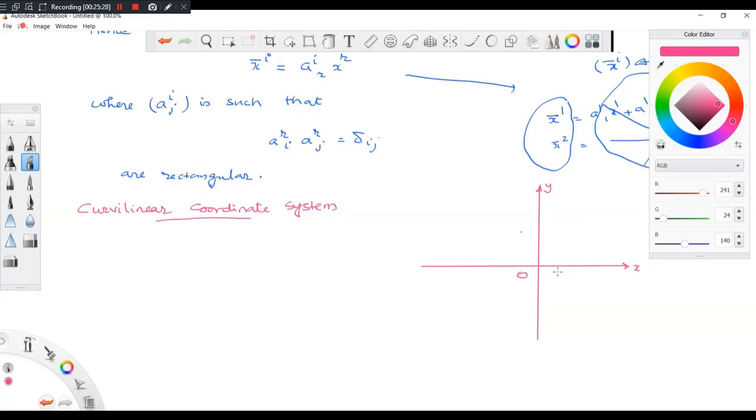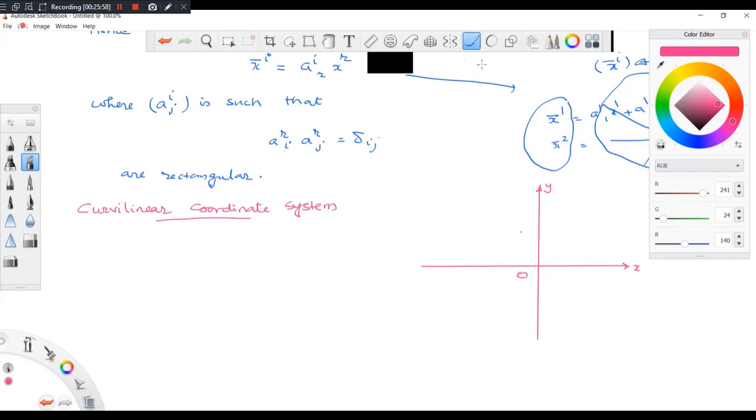Now, can you imagine this? I have an x-axis, which is a straight line. But a straight line is a special case of a curve. The y-axis is also a straight line, so it is also a special case of a curve. Now can you go into a more general kind of thing?